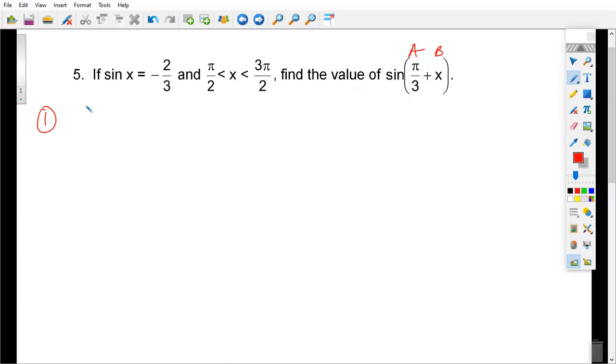What does sine pi over 3 plus x expand to? If you said sine of pi over 3 times cosine of x plus cosine of pi over 3 times sine of x, you are absolutely correct.